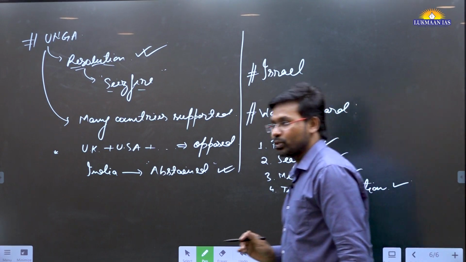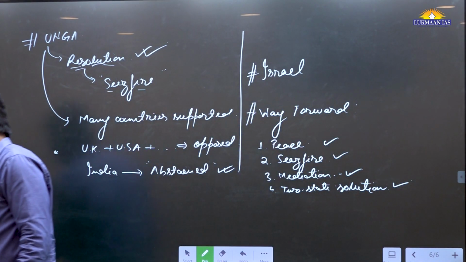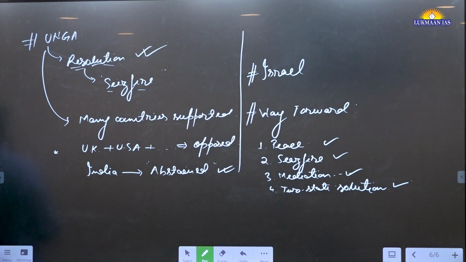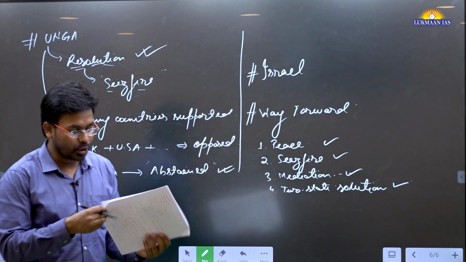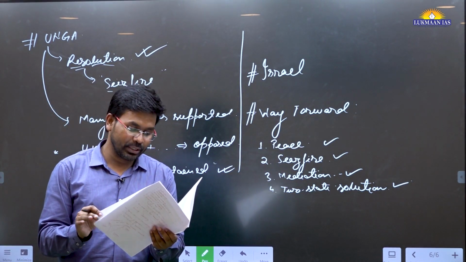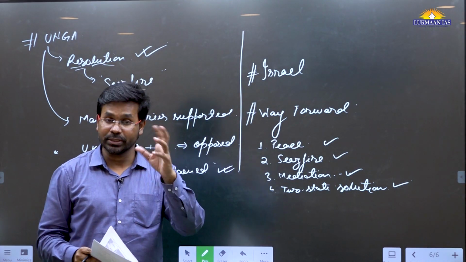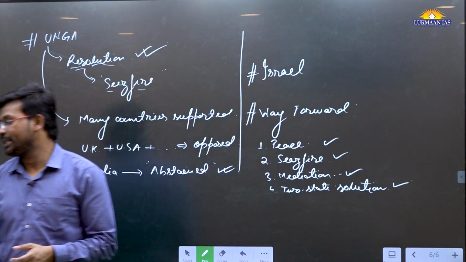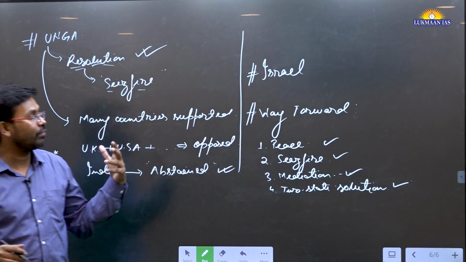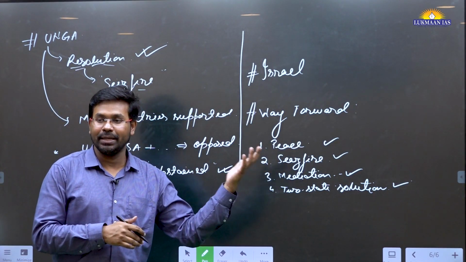That's the thing. So what you need to do after this discussion is go through this PDF, this document. A lot of things are mentioned here, and the Abraham Accords are mentioned. What is the role of the Arab states? Basically, the Arab states had thought of normalizing their ties with Israel.